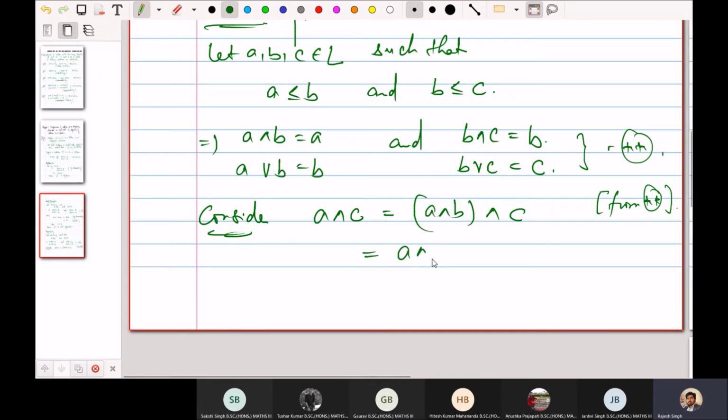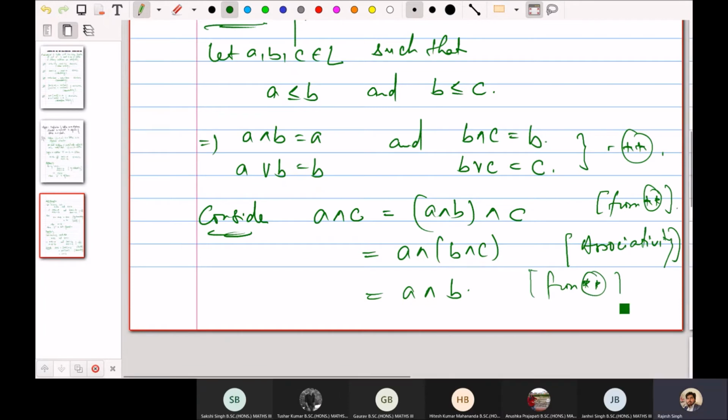So this is A cap B cap C. एसोसिएटिविटी यूज कर ली हमने यहाँ पे. And this B cap C is now B. So A cap B from double star again, and A cap B is our A. So A cap C is equal to A आ गया.